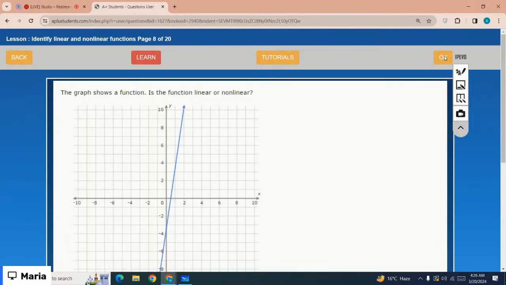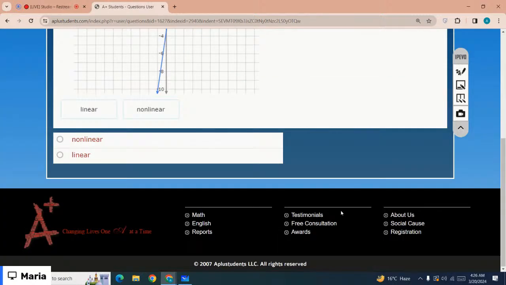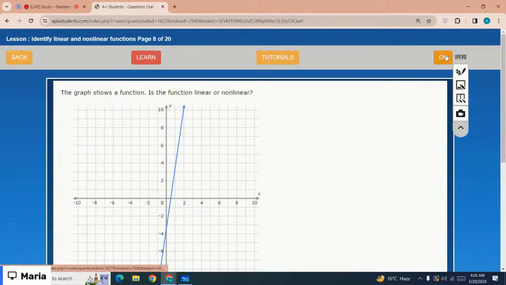The graph shows a function. Is the function linear or non-linear? Yes, the graph is a linear function. Option number 2 is the correct option, right?